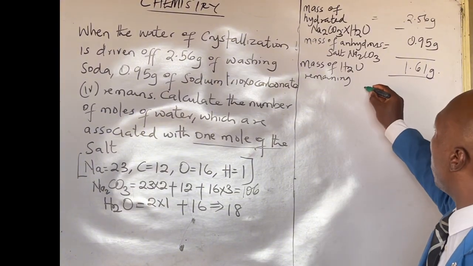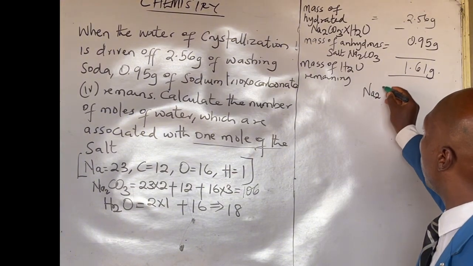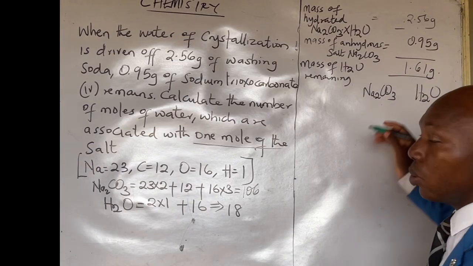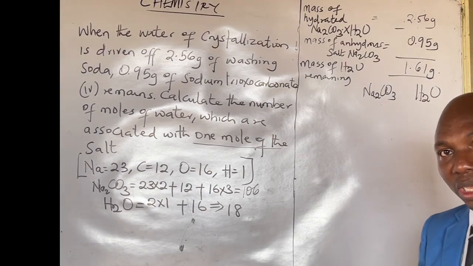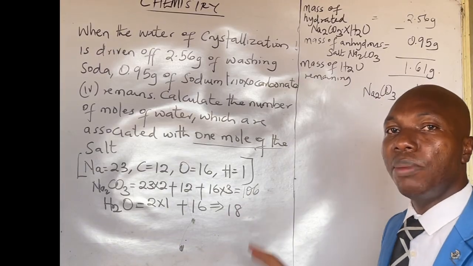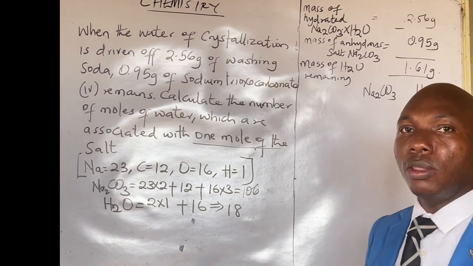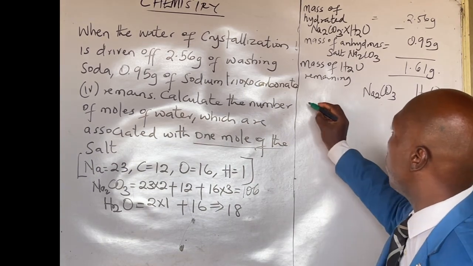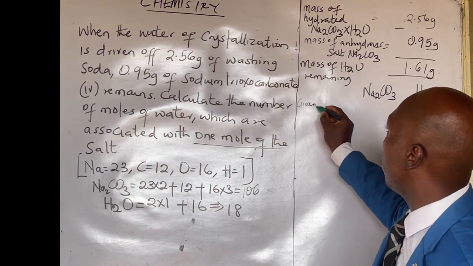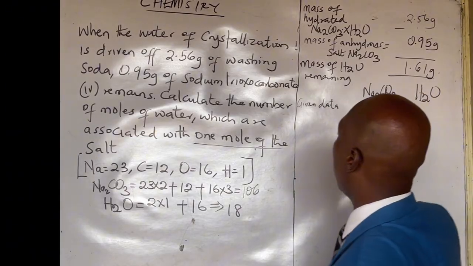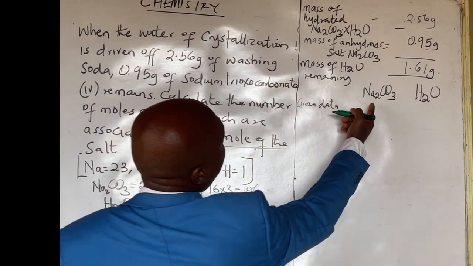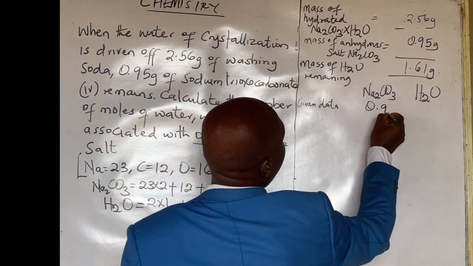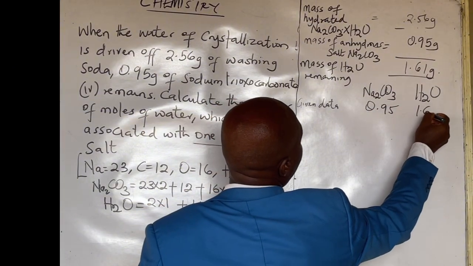We have sodium carbonate and water. Although we can use the formula method for this, for the sake of this class we are adopting the empirical formula method because the topic we are teaching this week is empirical formula. So the given data: sodium carbonate is 0.95, water is 1.61.